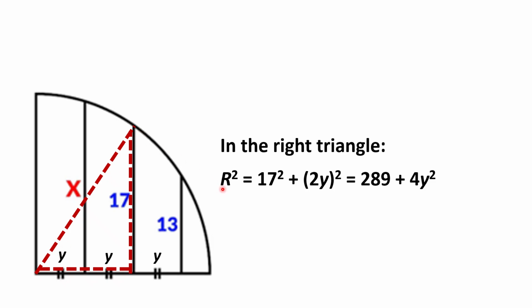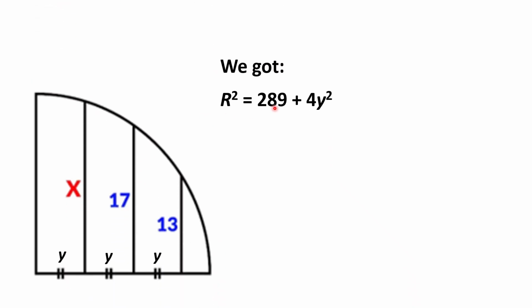According to Pythagoras rule, r square is 17 square plus 2y whole square, that is, r square equals 289 plus 4y square. This is one important relation.